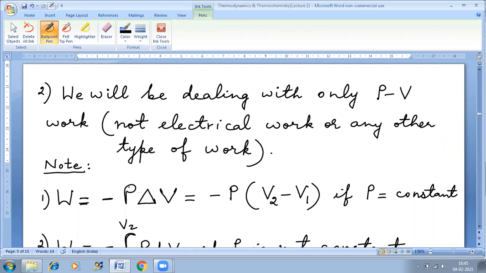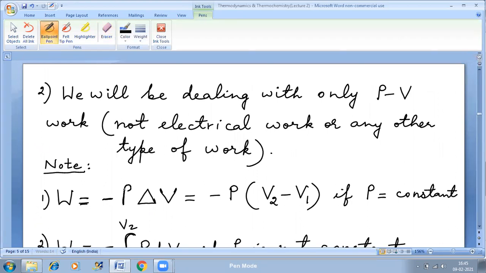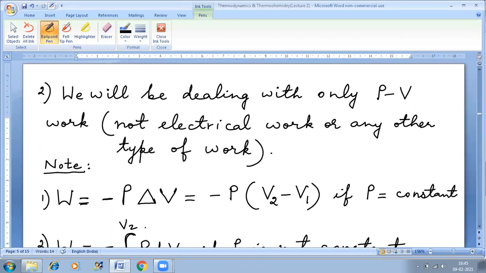So the first type of work, if you look at, it is for a system where the pressure is constant. If the pressure is constant, then what happens? The formula for work done is minus P delta V, where delta is always change. Delta stands for change. So delta V is change in volume.